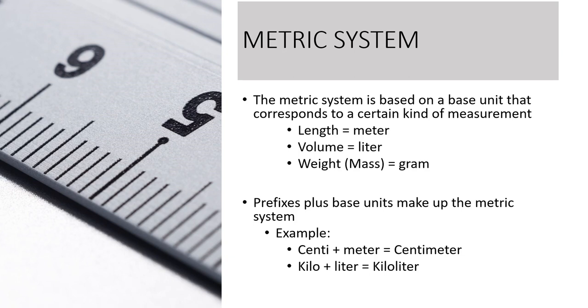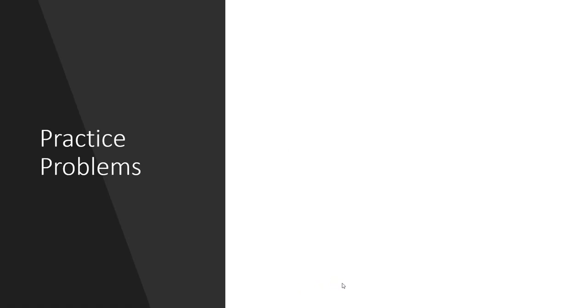So in the metric system, we would simply add that prefix to the front, and it would be kiloliter or kilometer or kilogram, whatever it is that we are converting it into.